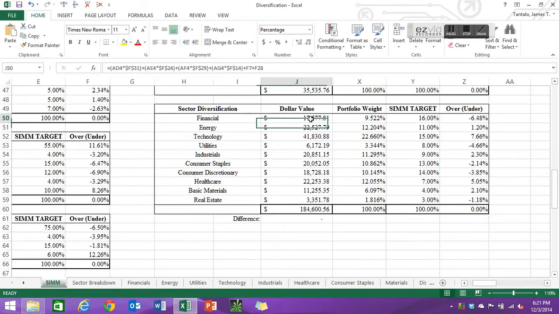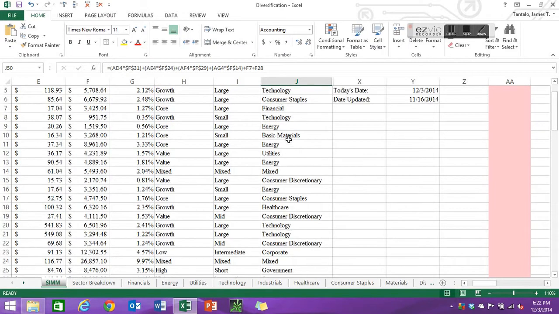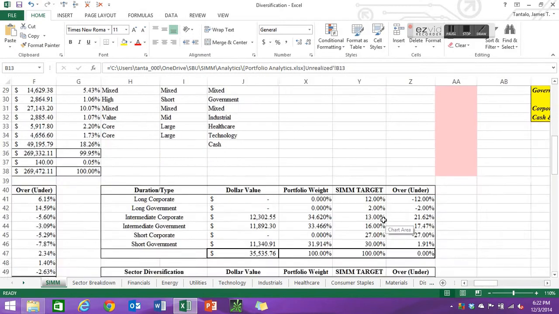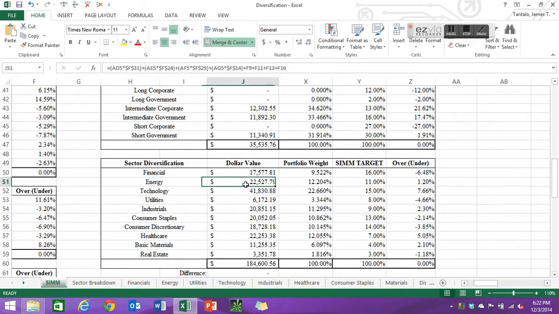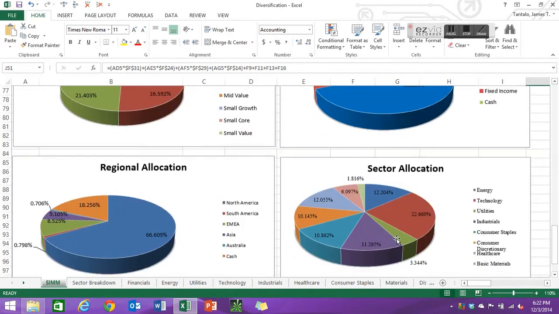And these again are broken down. You'll find this information up here. Our energy stocks, our Chesapeake Energy, Enterprise Products Partners, ExxonMobil, these are all energy stocks. These would all find their way into this dollar value right here, and we see the breakdown of that here in our sector allocation.